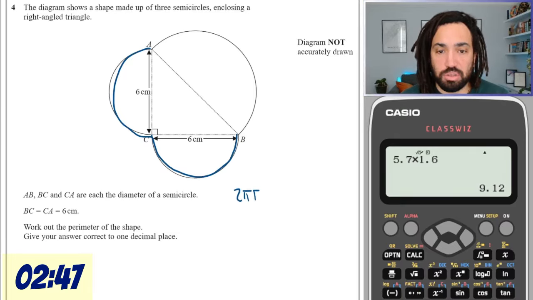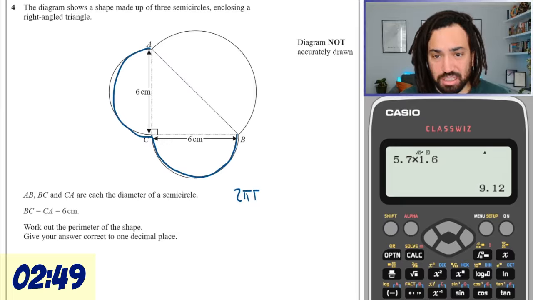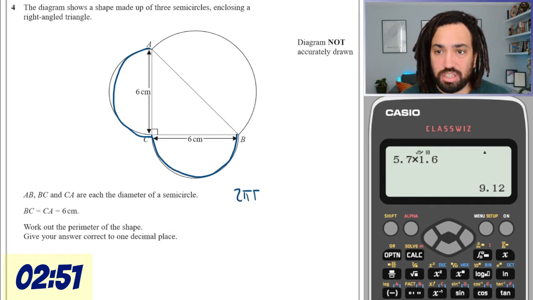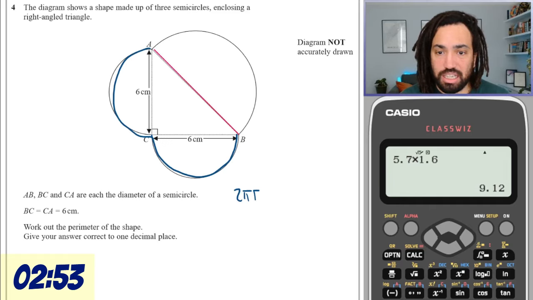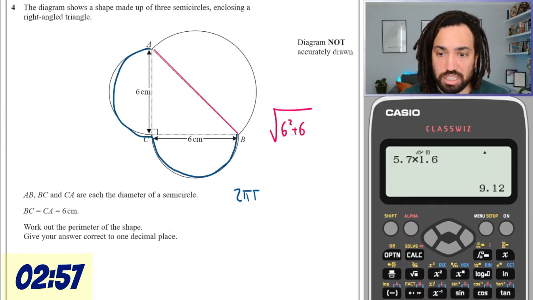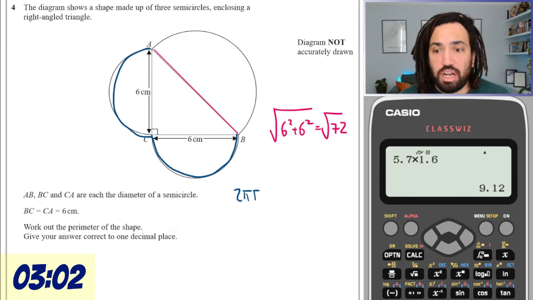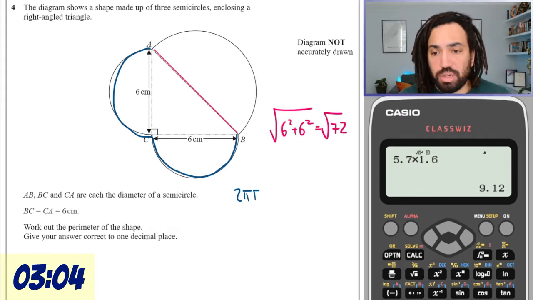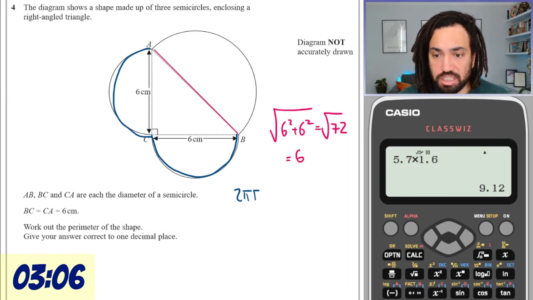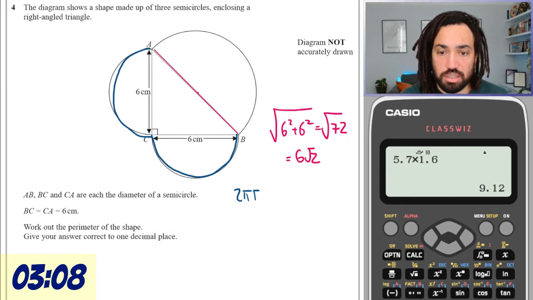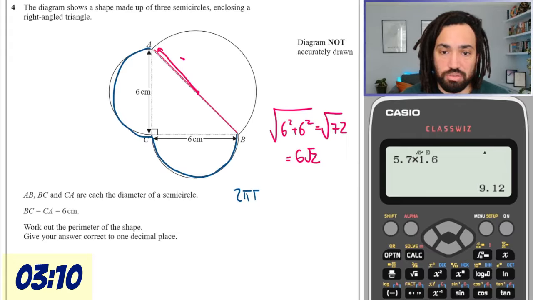And then we've also got this one, but first we need to find this side here, which will be the square root of 6 squared plus 6 squared, which is the square root of 72, which is also equal to 6 root 2. So half of it, the radius, will be 3 root 2.